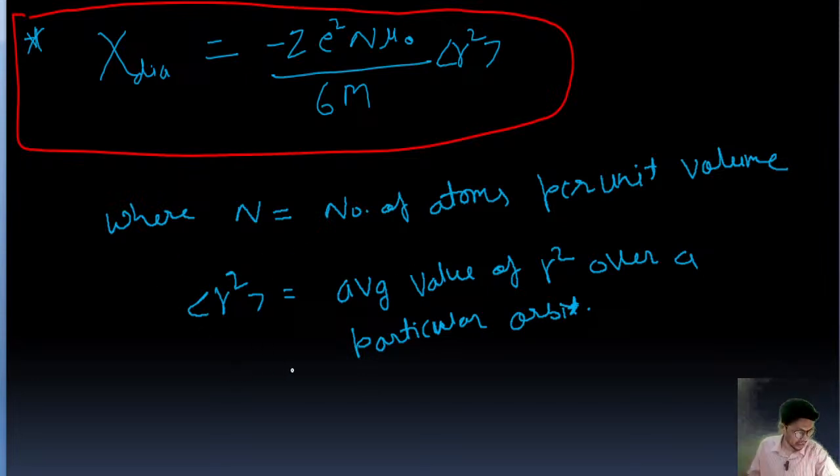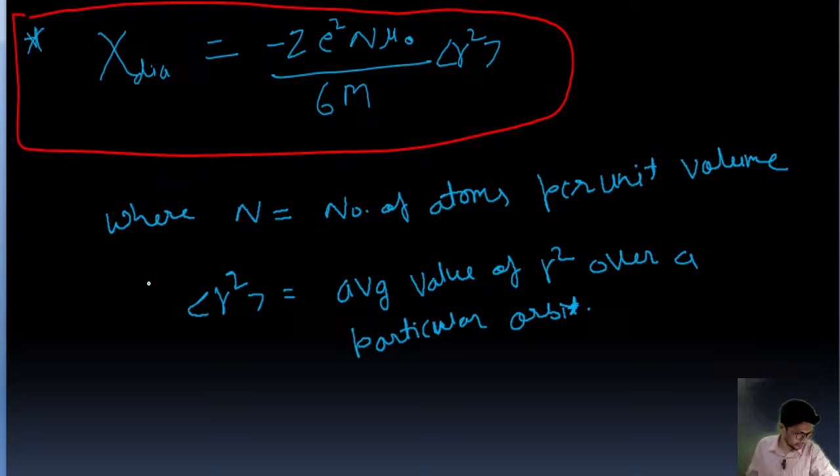This is the orbit in which electrons move around the nucleus in the atom. So it is the average value of r square over a particular orbit.